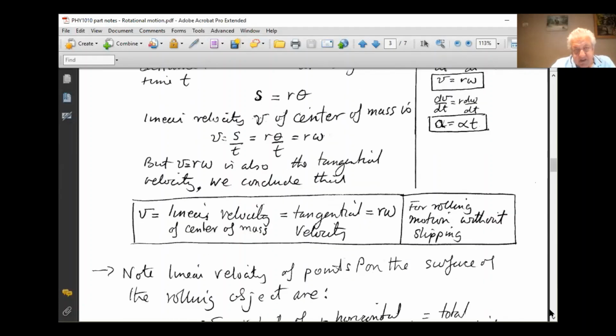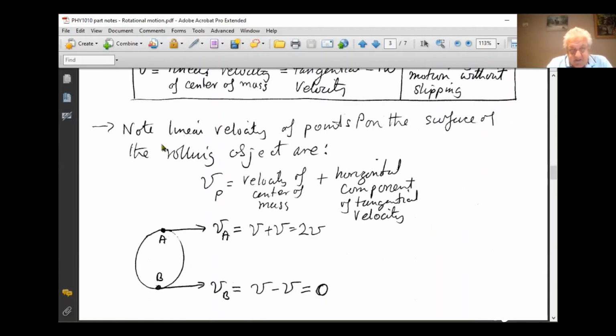In particular, we want to see that the linear velocity of the center of mass is equal to the tangential velocity. And then the final bit is an example of the velocity at different points on the circle. We'll come to that. So let me stop sharing and go to the whiteboard.